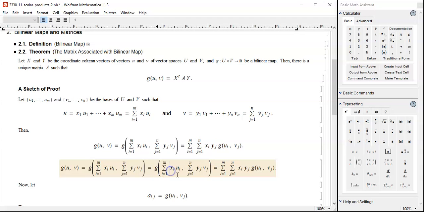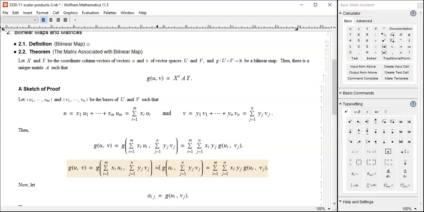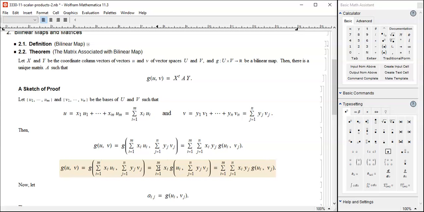And there, I'm going to use the property of this g, the bilinearity, and separate out this linear combination. I can do it like that because we have linearity with respect to the first vector, so we can always separate out the linear combination.